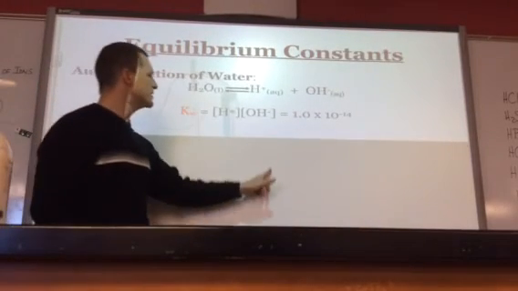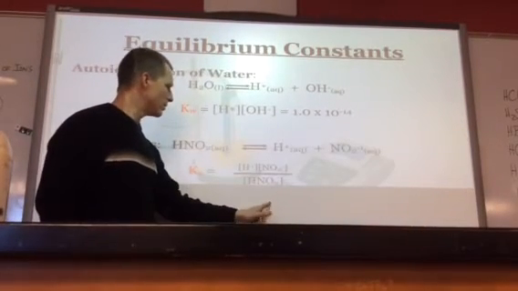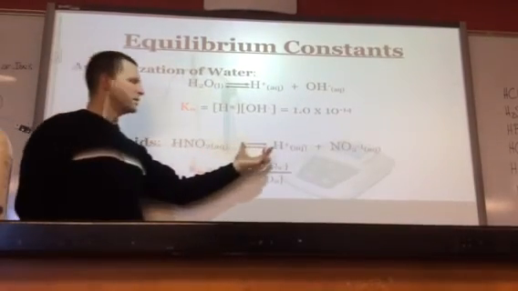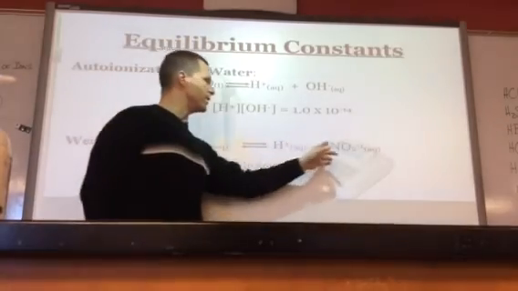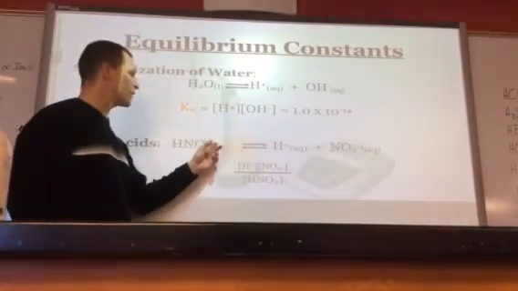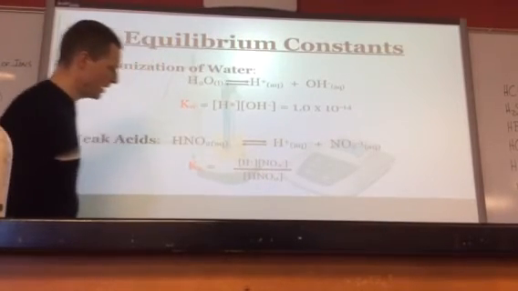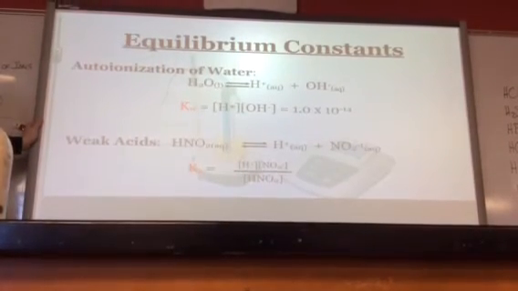All right, so Kas are where you have an acid dissociating. It's going to be the products over the reactants. Now this reactant will be an aqueous solution, so you'll be able to put that into the denominator.